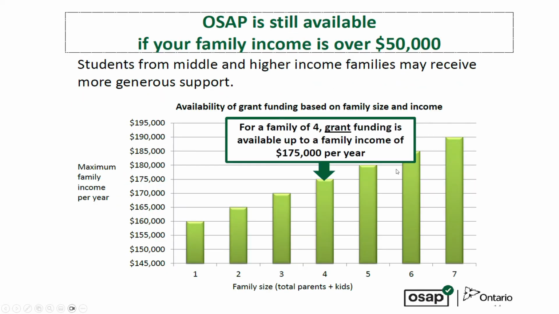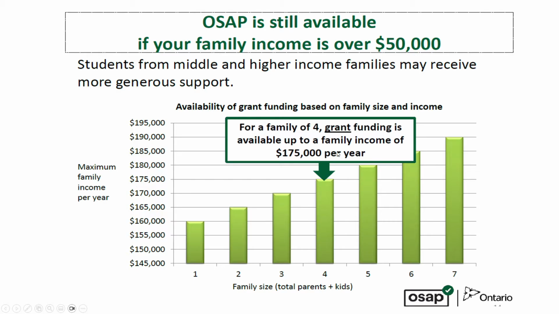Please keep in mind that the availability of grant funding is based on the family size and the income. You can see the income on the left side and the family size on the bottom here, 1, 2, 3, 4, 5, that is the family members. Let's say the family has 4 people, including mom, dad, and 2 kids, and the family's income is 175,000 per year.